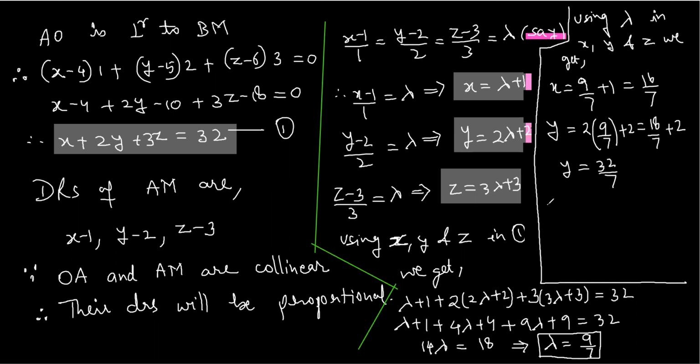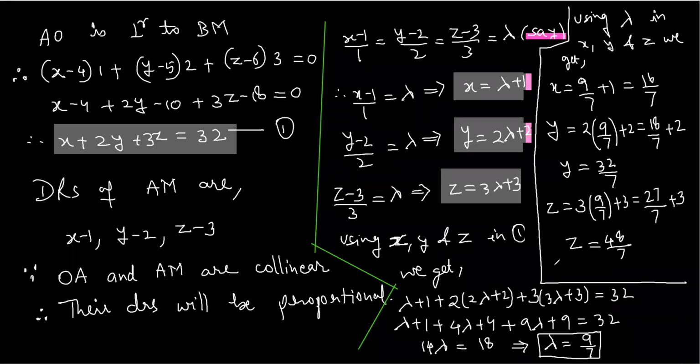Then z will be 3 lambda plus 3, so 3 times 9 by 7 plus 3, that is 27 by 7 plus 3, that is 48 by 7. We got z. So finally we got the coordinates of point M. Therefore, M is (16 by 7, 32 by 7, 48 by 7).